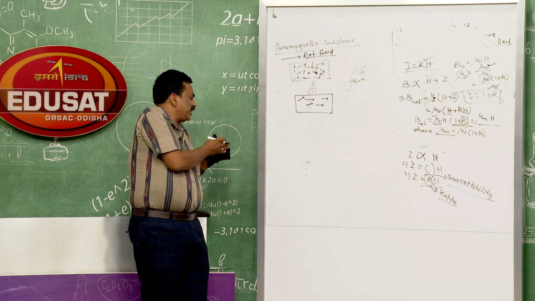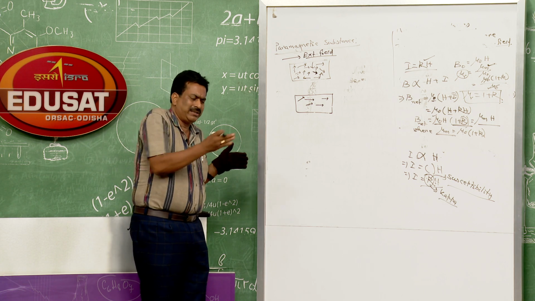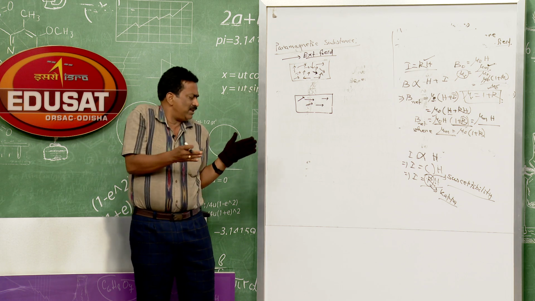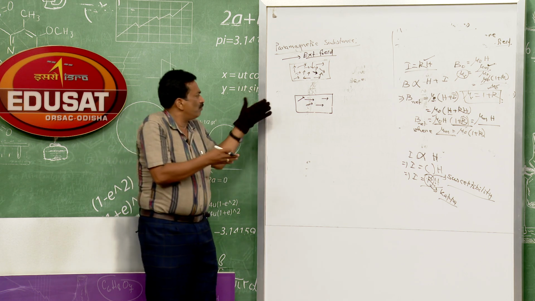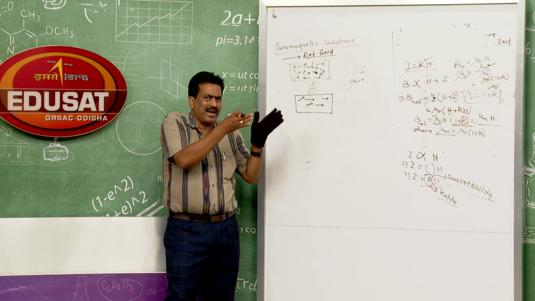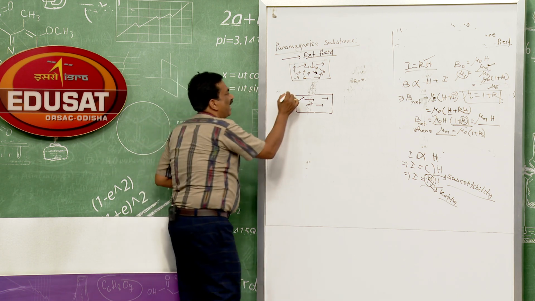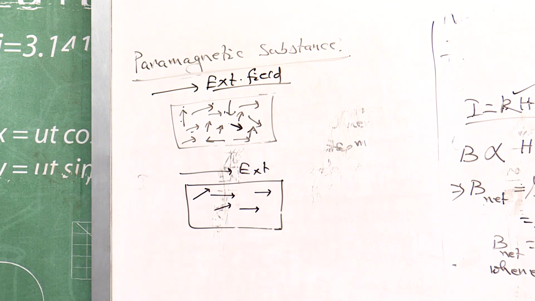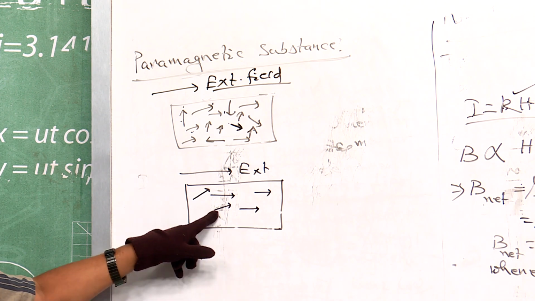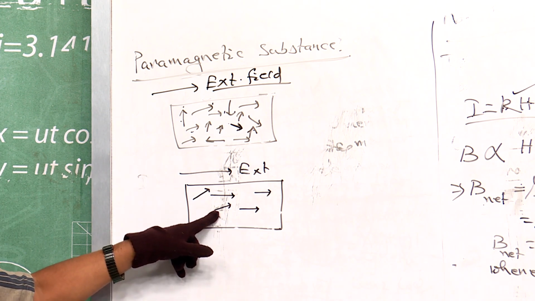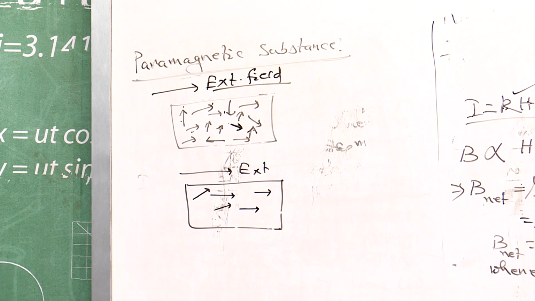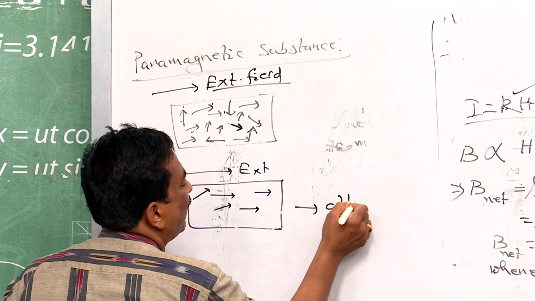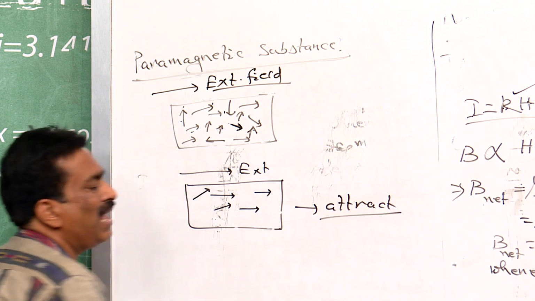Suppose a magnetic field is applied, acting in this direction, but this dipole is in this one, so it will just align in that direction. So most of the atoms will try to align in the same direction, and the external field is applied here. Then the magnetic field inside will be more, so due to that they will attract.